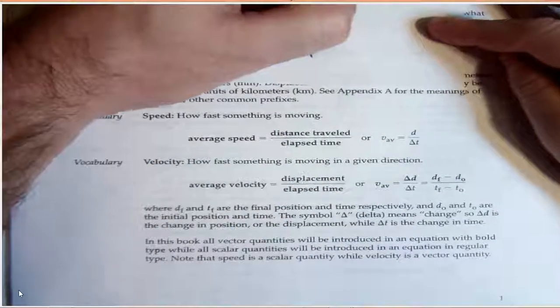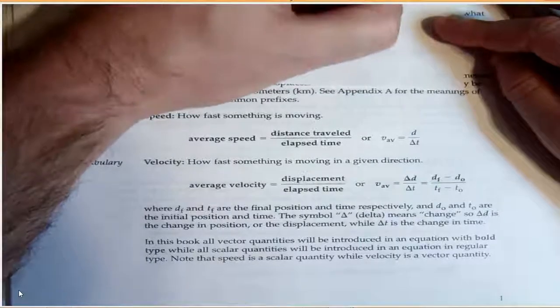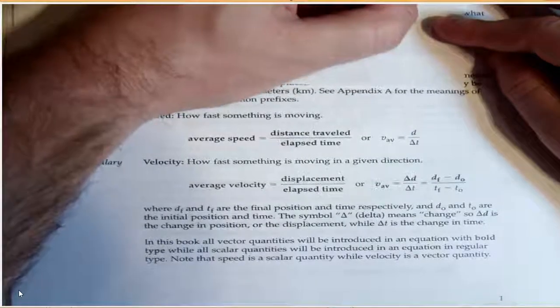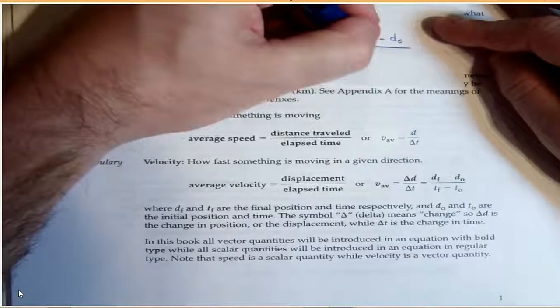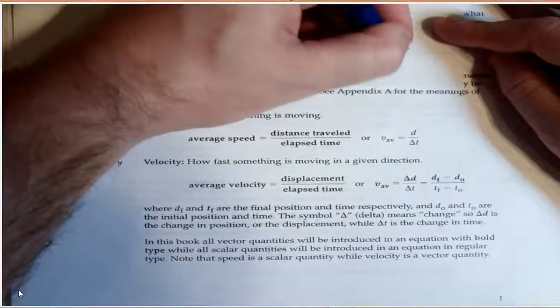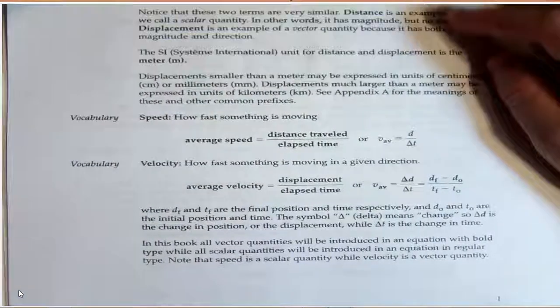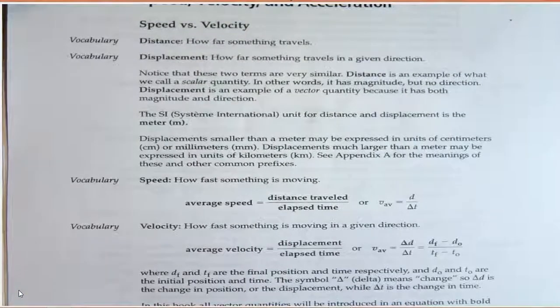To write that in a better way would be your final distance minus your initial distance divided by your final time minus your initial time. This little O here just means your starting time, right? Now let's come back up just a little bit and let's go over these two.